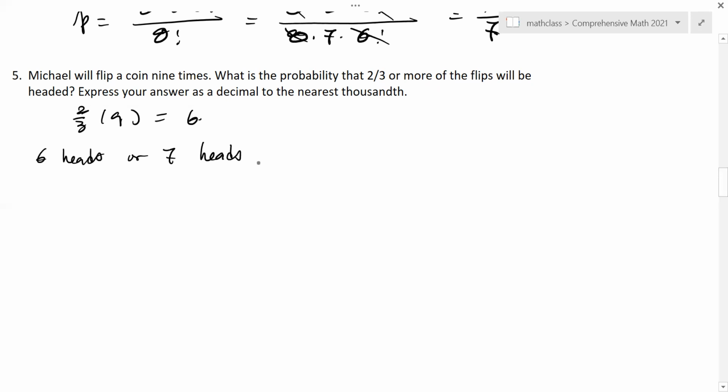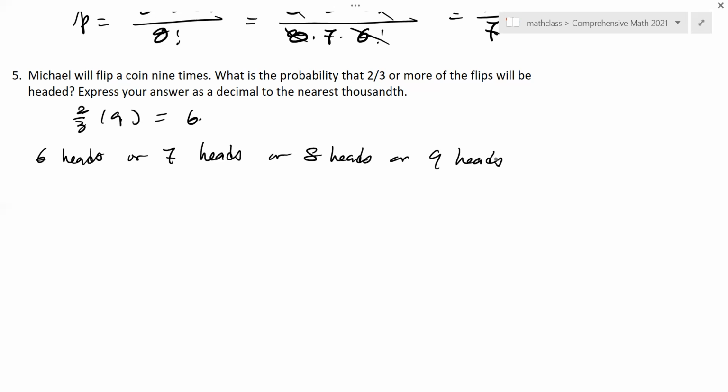So that 2/3 or more of the flips will be heads.